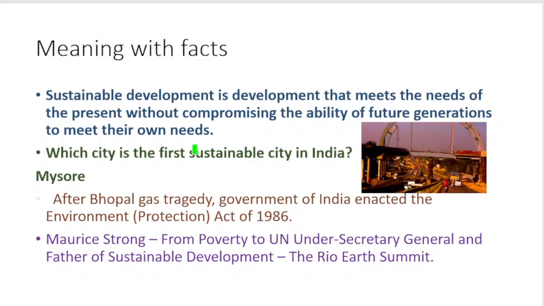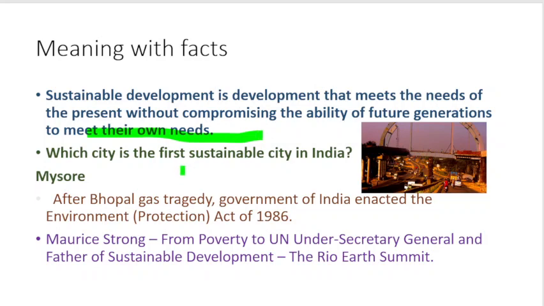For example, solar energy, wind energy, green spaces, and fixing the water supply, everything that has a tendency to recoup itself, refill itself, regenerate itself, comes under the sustainable development concept.